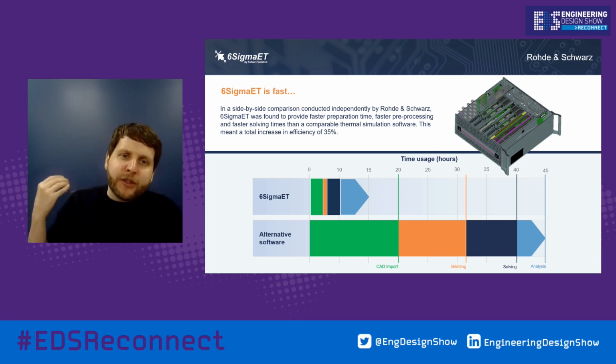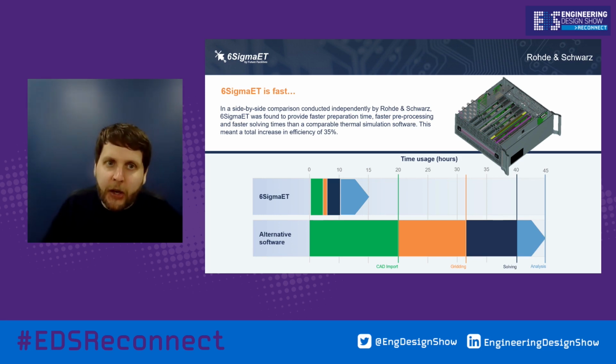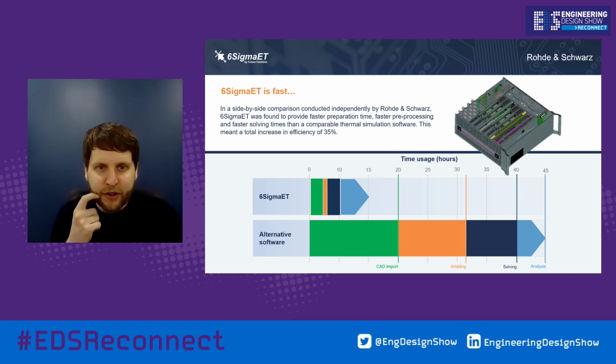So as I said, one of the reasons why people don't use simulation is because I think it's slow, and that might have been the case in the past, but Six Sigma has got a really powerful solver which can run CFD simulations really quickly. And we've also worked to optimize the model build, the solving, and the analysis.